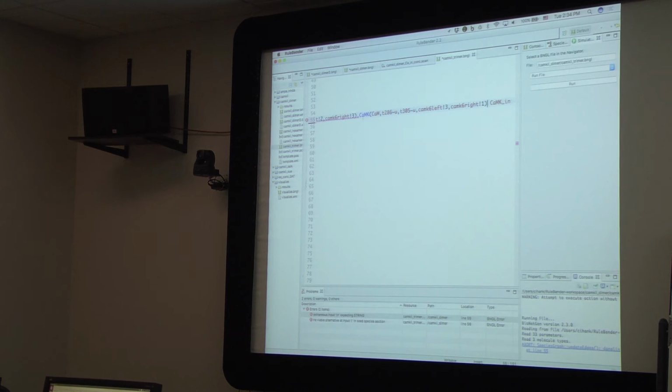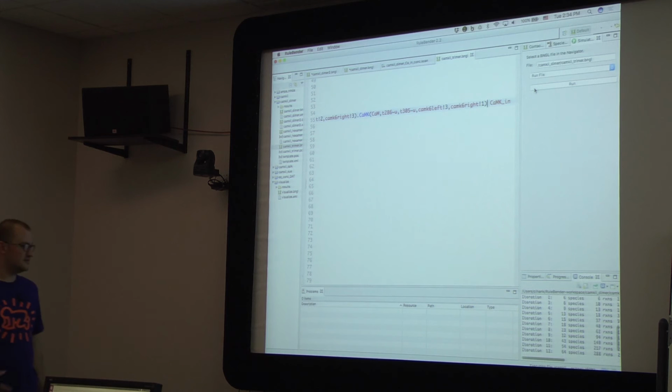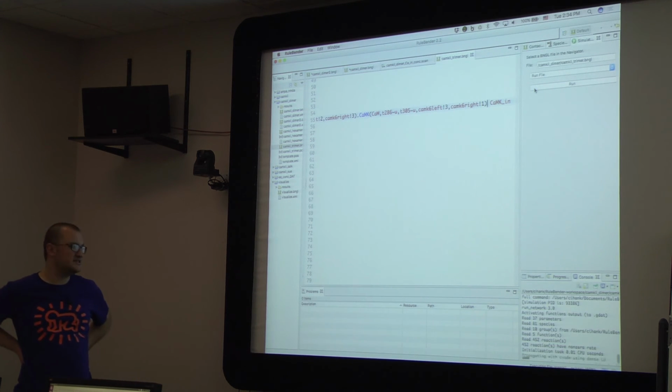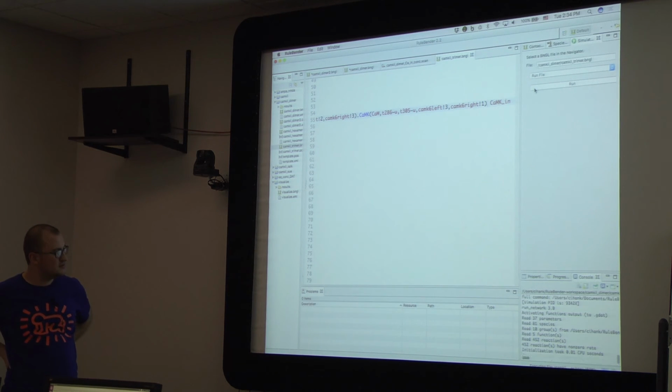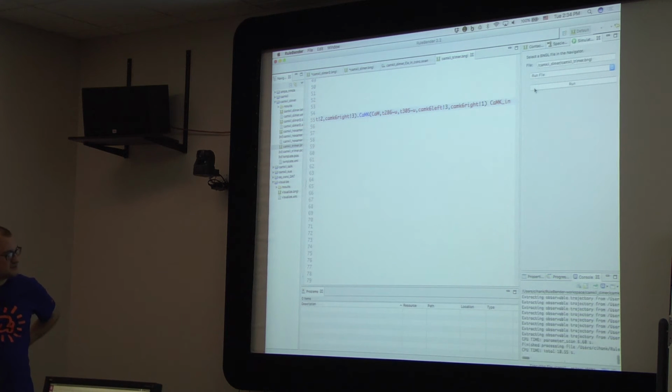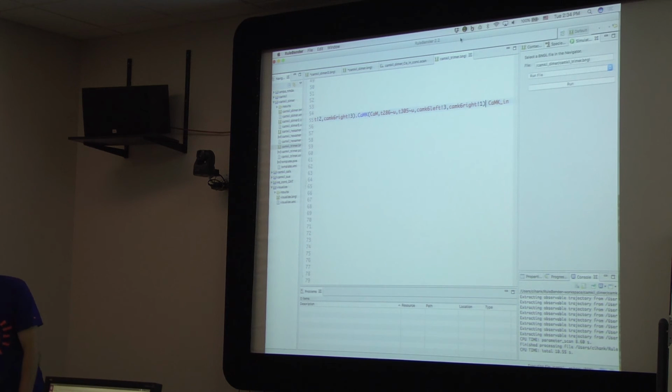OK, this looks good. OK, no error. It's running. I put the console in a weird place.